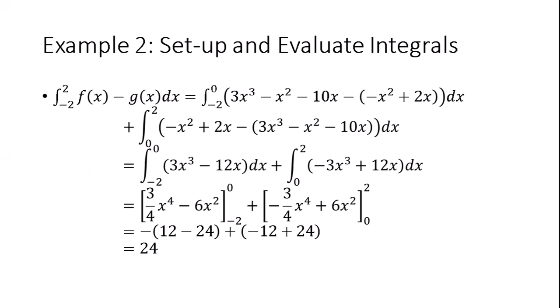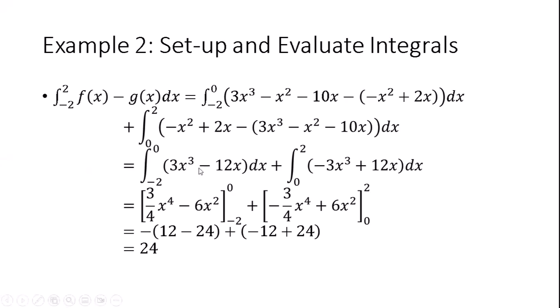That's going to be integrated with respect to x. And then we're going to add the integral from 0 to 2, where g of x is bigger than f of x. And this would be negative x squared plus 2x minus the quantity of 3x cubed minus x squared minus 10x. Remember, you have to take away the entire function, all terms.